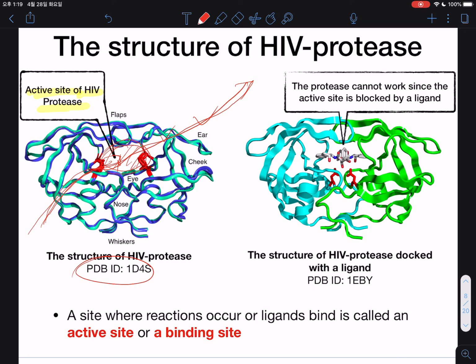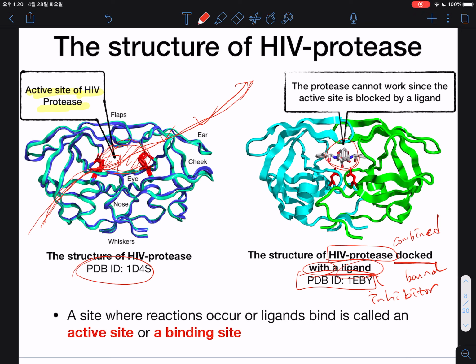And here, on the picture on the right side, this is the structure of the HIV protease docked with, or bound with, a ligand, bound with its inhibitor. Inhibitor means that this ligand inhibits, prevents this protein from working. Its PDB ID is 1EBY.